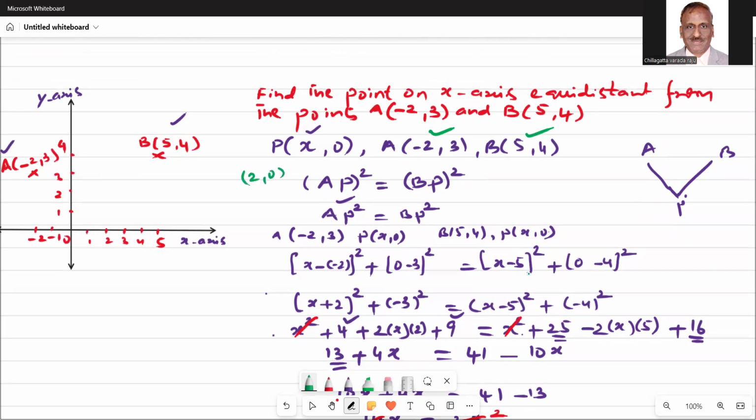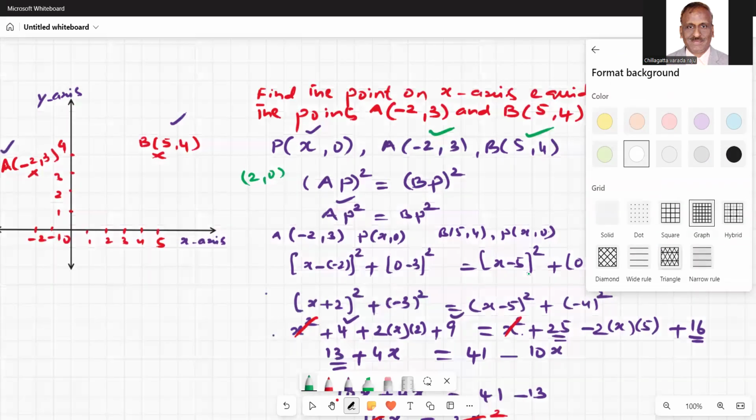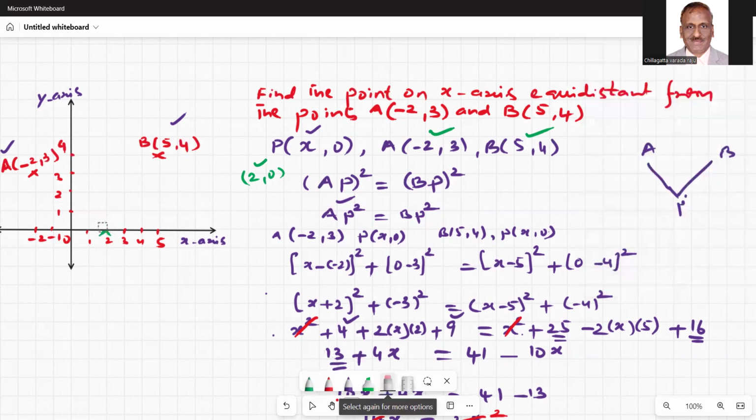Shall we plot this point on that Cartesian system? Already the graph I have drawn. Just have a glance on that graph once again. Now we got the exact point. What is that point? P (2, 0). Shall I plot this point? (2, 0). This point gives you (2, 0). Is it correct? So point (2, 0) is the point on x-axis equidistant from the 2 points which are given to us.